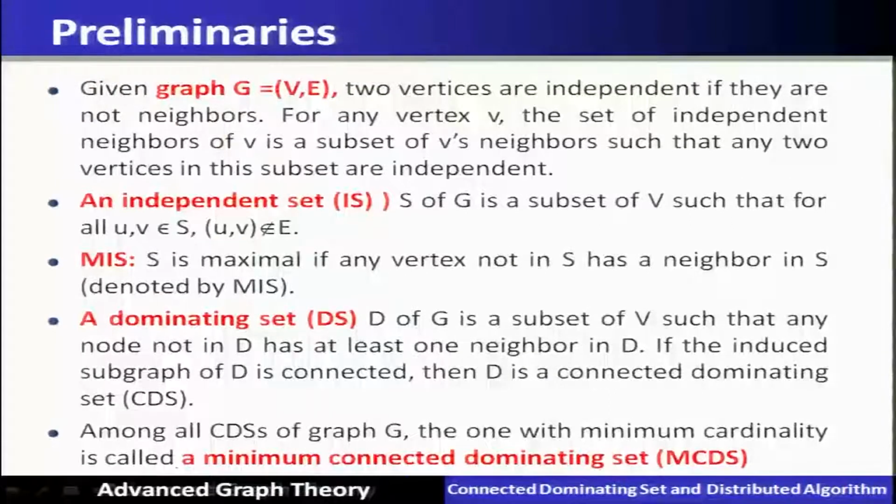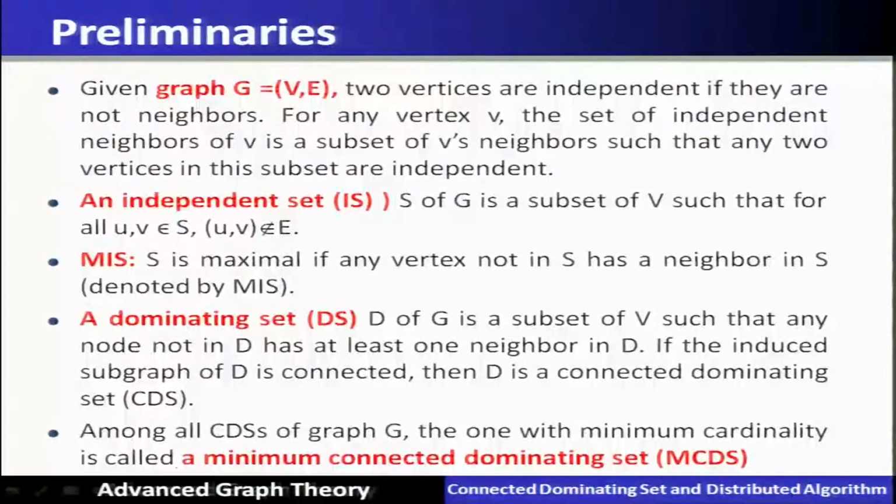Preliminaries. Given a graph G, two vertices are independent if they are not neighbors. For any vertex V, the set of independent neighbors of V is a subset of V's neighbors such that any two vertices in this subset are independent.